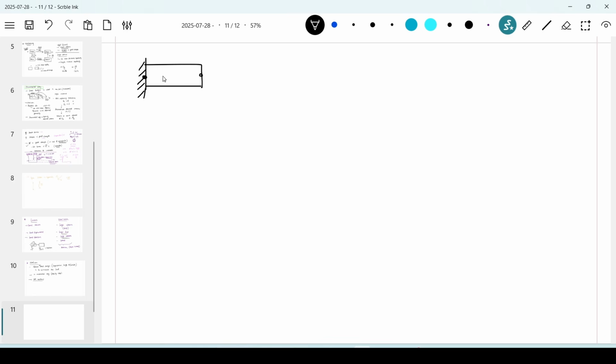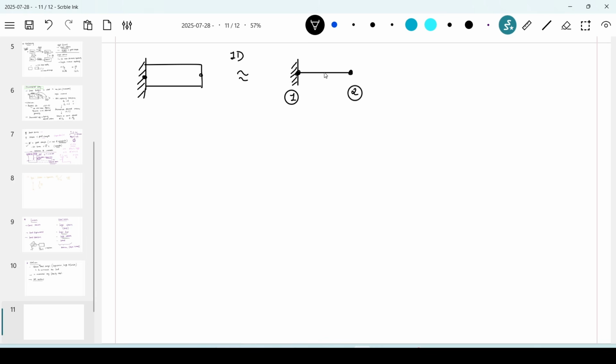Let's say we are modeling this structure as a 1D, as in module 1 where we understood everything with 1D. This is a 1D bar element, which has two nodes, node number 1 and node number 2.